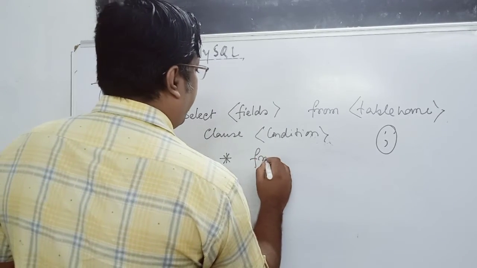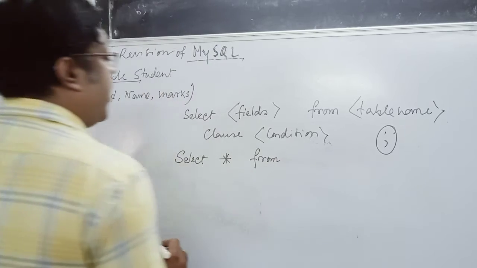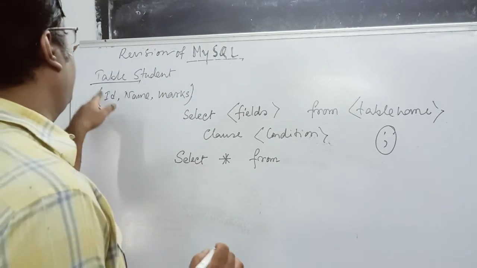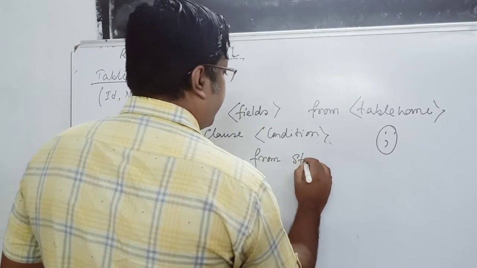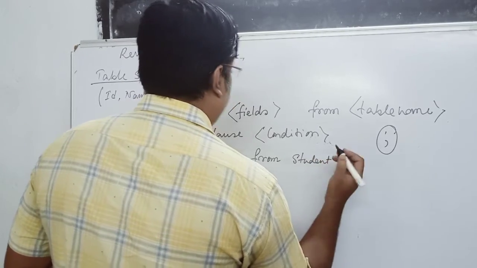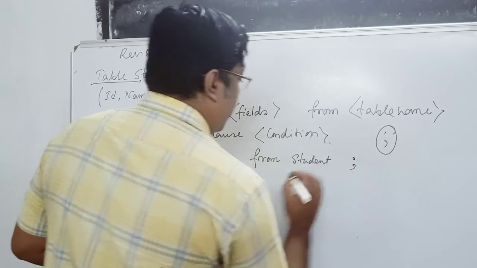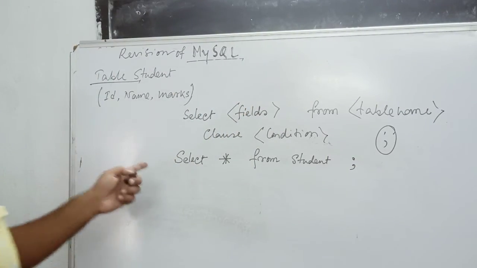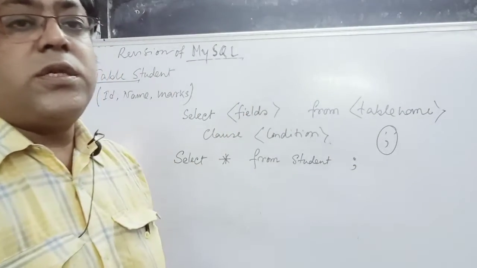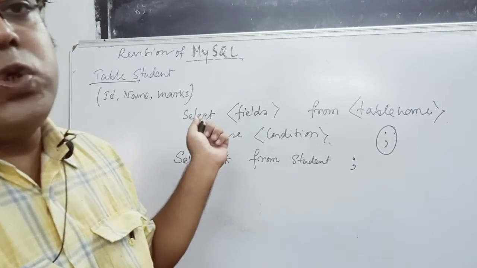Then we write FROM, then the table name, like student. Then a semicolon. This query shows the details of students from our student table.